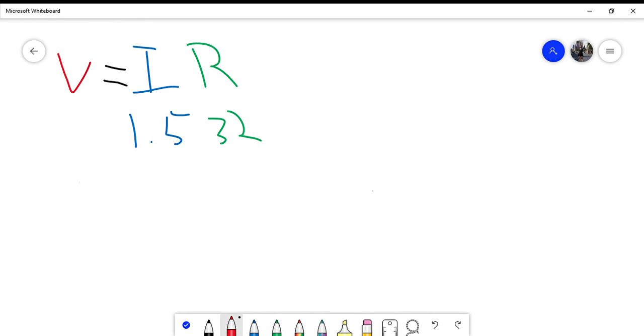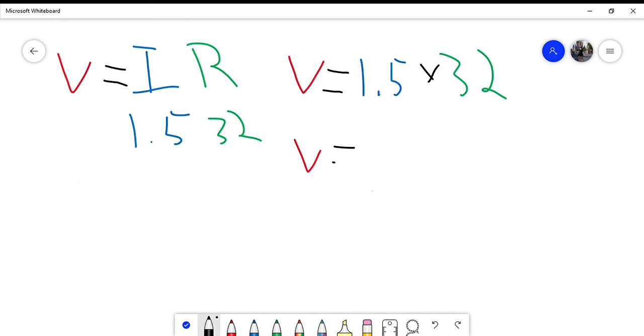So our voltage is 1.5 times 32. So that is equal to 48 volts. That's all when you have to solve for voltage.